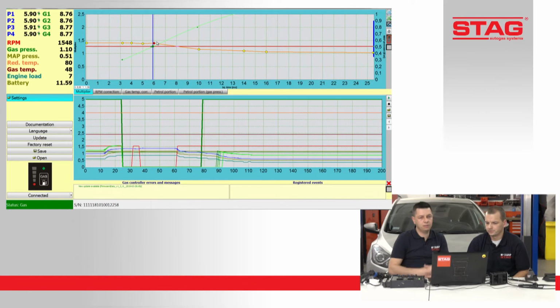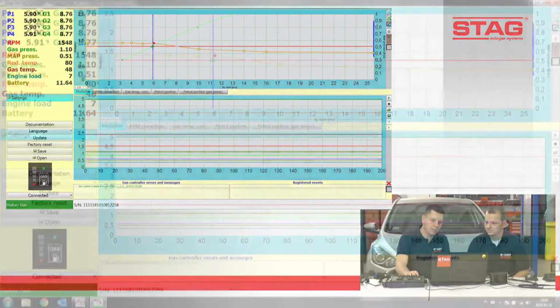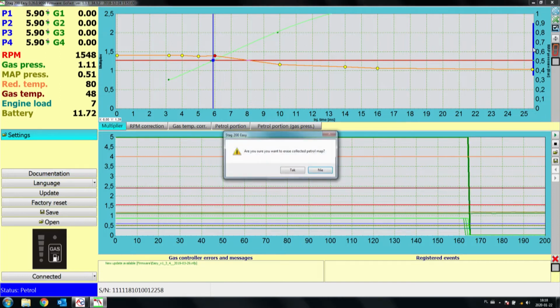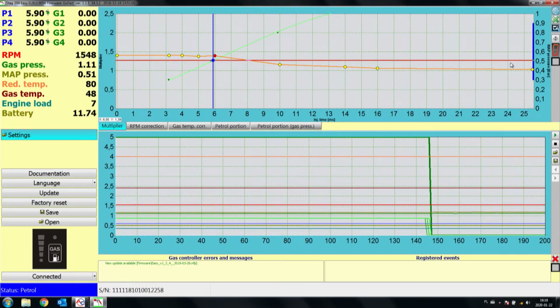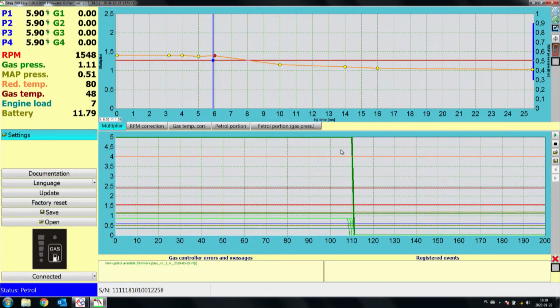The second one, when we are talking about the STAG 200 Go Fast, are lines that you can find on the right side of the multiplier map. As you can see, we have a blue line here. Maybe we can delete once again the petrol map and the gas map, to see the difference.